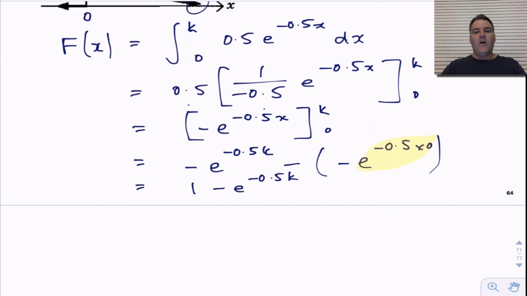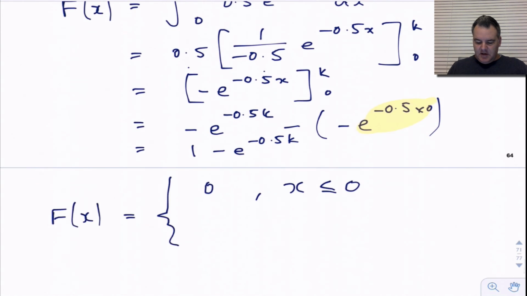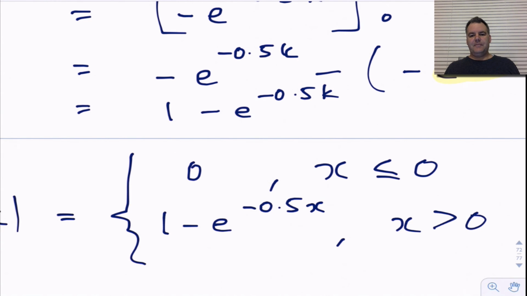So let's formally define in the 3 parts what this will look like. So f of x is equal to, first of all, 0 for x values less than or equal to 0, or less than 0, it doesn't matter. It's going to be 1 minus e to the negative 0.5x for x values greater than 0.